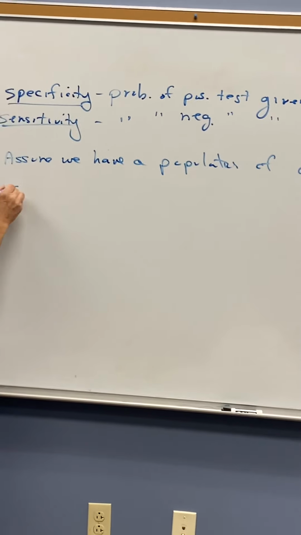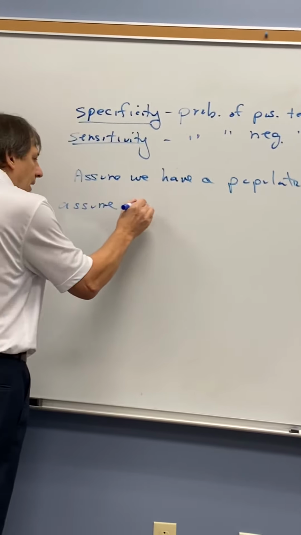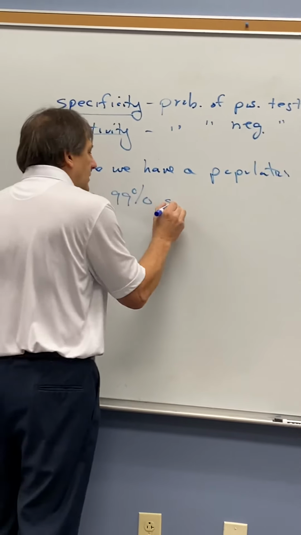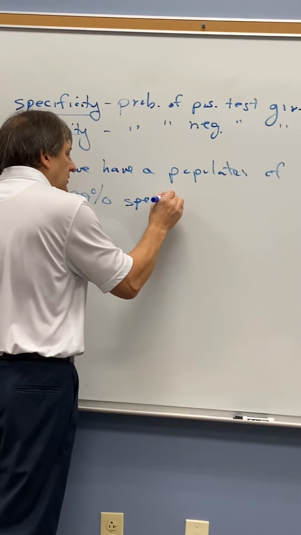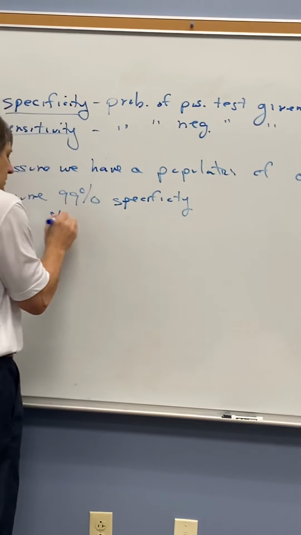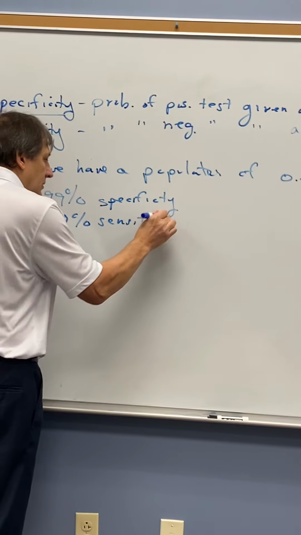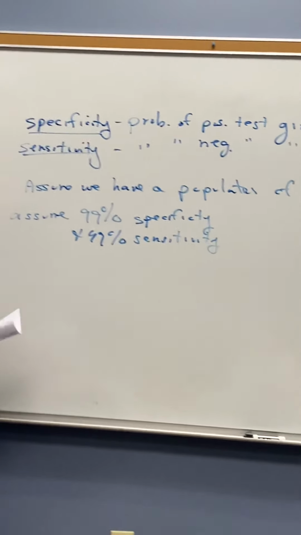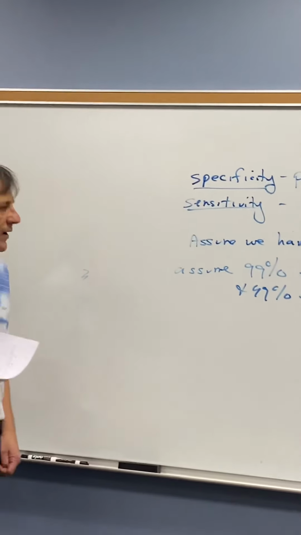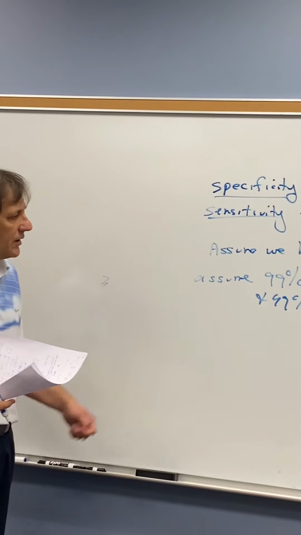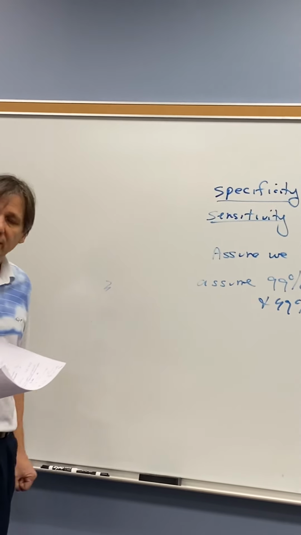Let's also assume 99% specificity and 99% sensitivity. Okay, so we have this information from past experience or past data. And we have pretty good tests, it looks like, right?